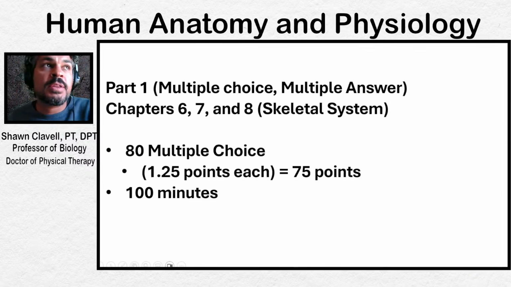The first part of this exam will be the multiple choice, multiple answer type exam where you'll have to click the appropriate answer. This again goes over chapters 6, 7, and 8, the skeletal system. So remember all those concepts associated with the types of cells associated with the bone.